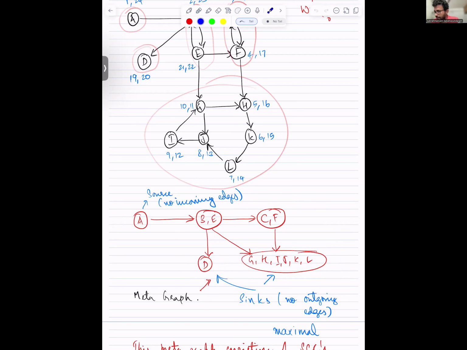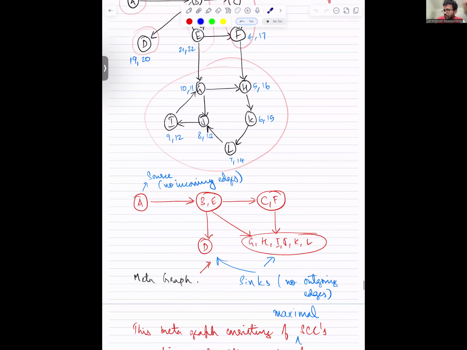If you pick any vertex in one of these sinks, then what you will end up exploring is all the vertices in that strongly connected component. If you start exploring at D, then you stop exploring at D. But if you start exploring at H, for instance, then you will explore all these vertices before completing. That is how you recover one strongly connected component.